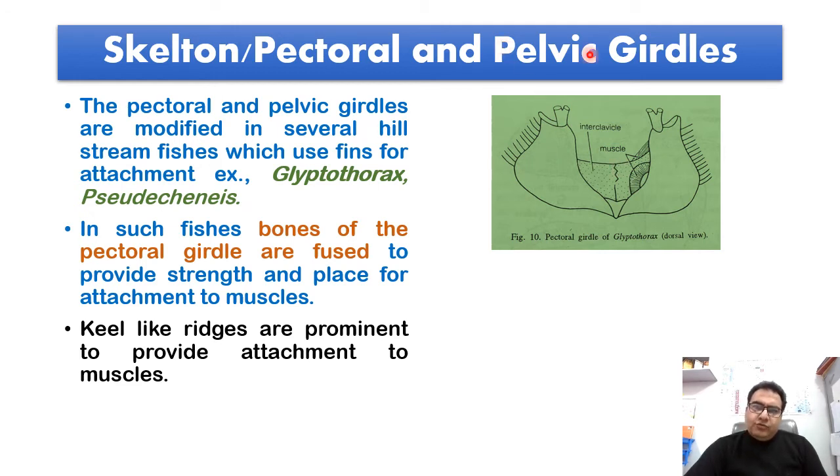So it is used for the proper movement of the fins as well as the spine. The shape of the pectoral girdle is also different due to the horizontal position of the fins.